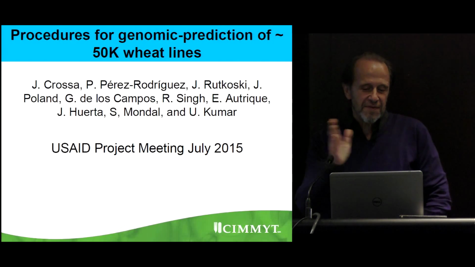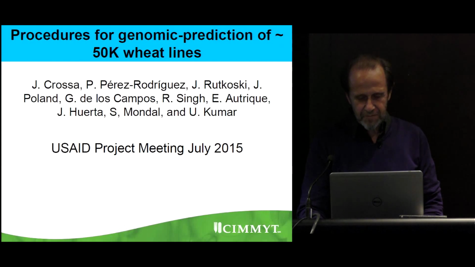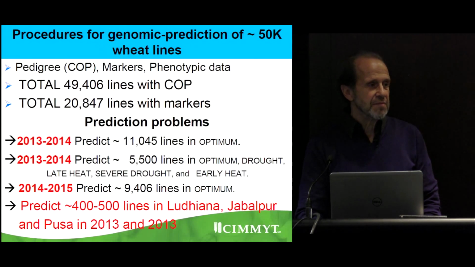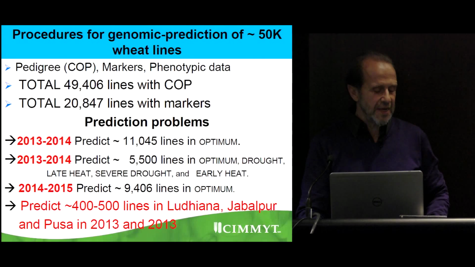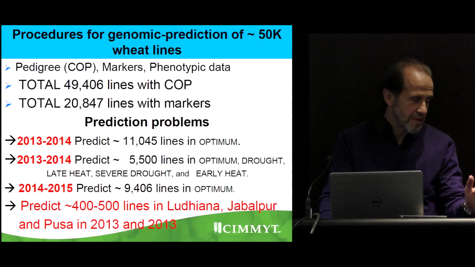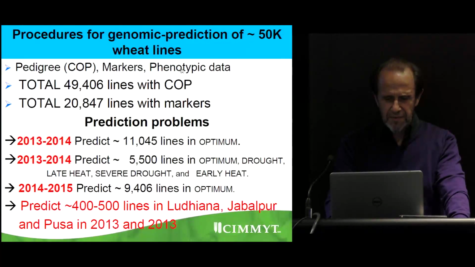Go 5 years back and get 50,000 genotyped lines, genotype many of them, look at the phenotypic data and try to do some predictions using pedigree and markers. So we have the pedigree, the coefficient of parentage, the markers, and the phenotypic data, a total of 49,000 lines with COP and a total of 20,000 lines with markers.